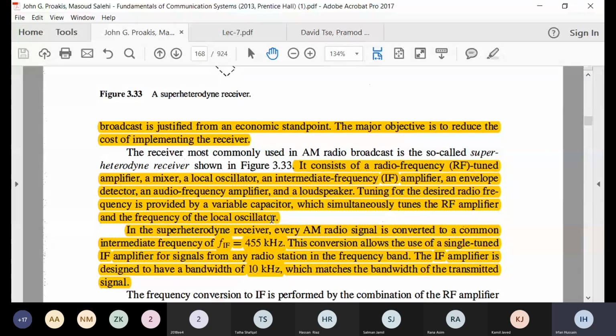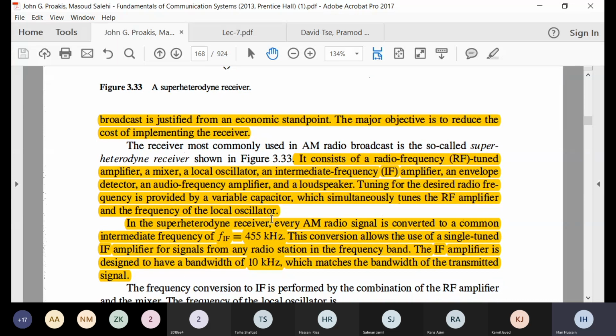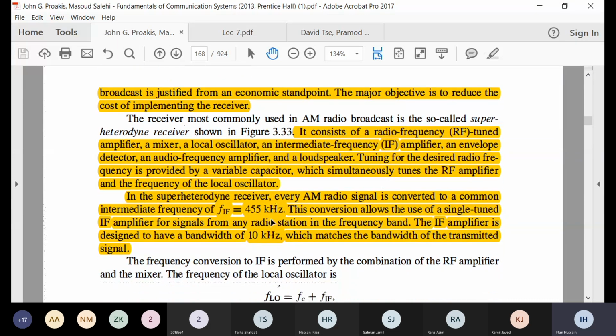Now what is actually happening here? Why is this a superheterodyne receiver? Because every AM signal is first of all converted to a common intermediate frequency of 455 kilohertz.